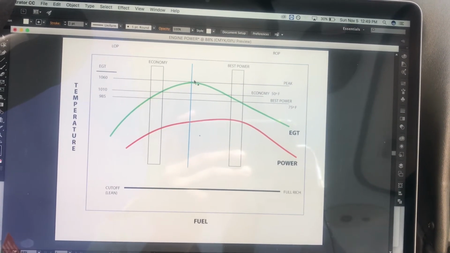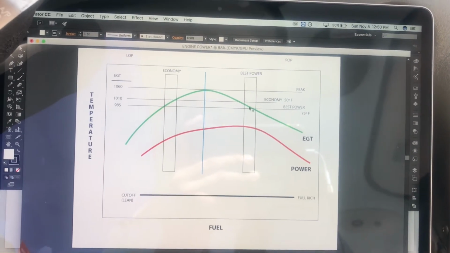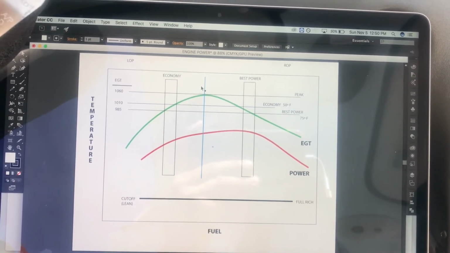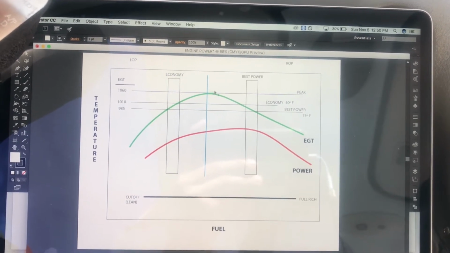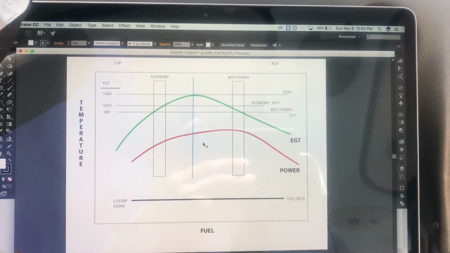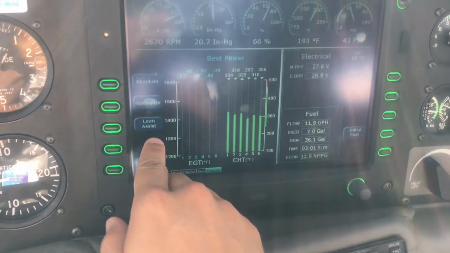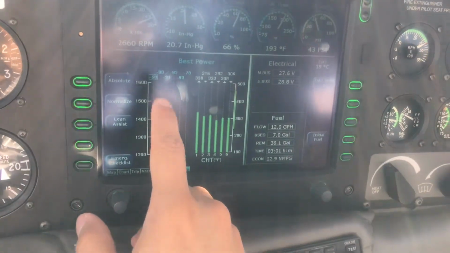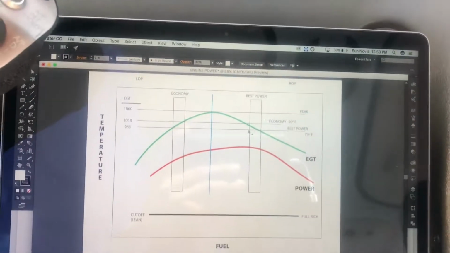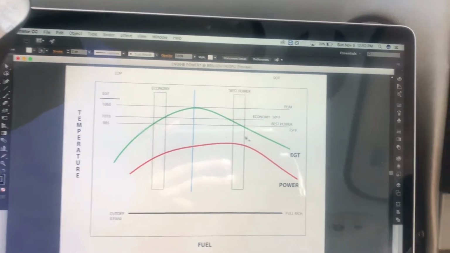We want to stay a little bit right on the rich side of the peak, or left on the lean side of the peak. So we're going to use a special function of the system, which is the lean assist of this Avidyne MFD, and that will help us to get to the best power section and to the economy section.